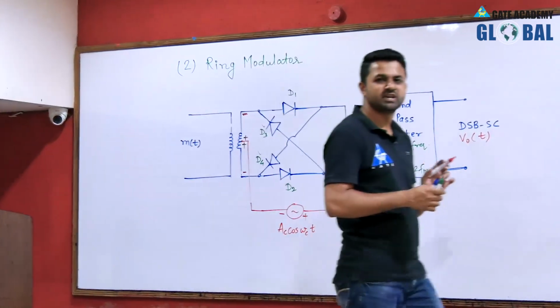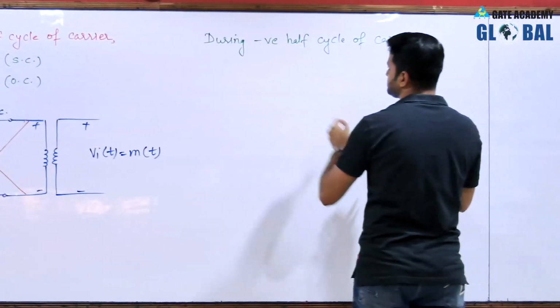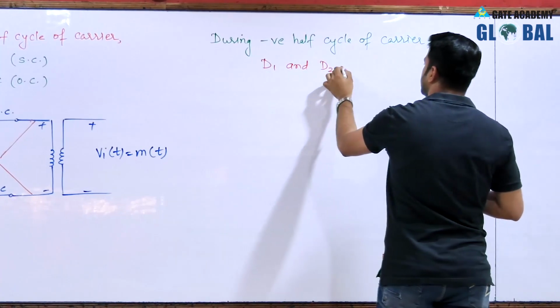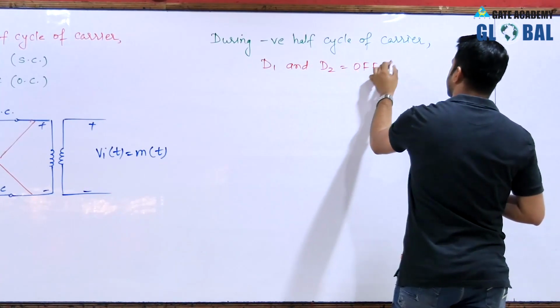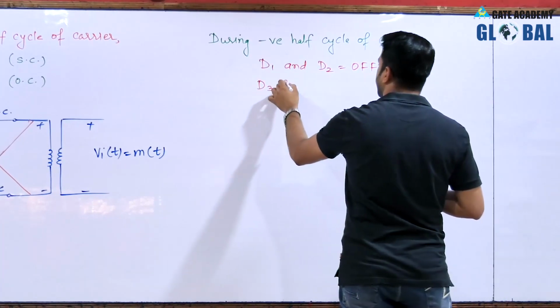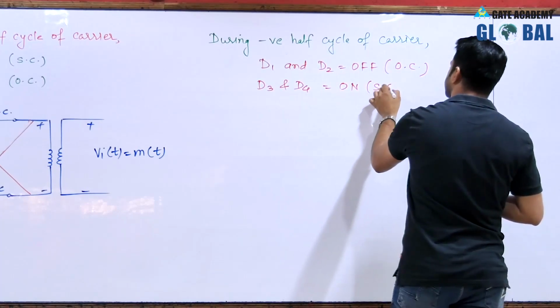So now in this particular case, D1 and D2 are off, that is open circuited, and D3 and D4 are on, that is short circuited.